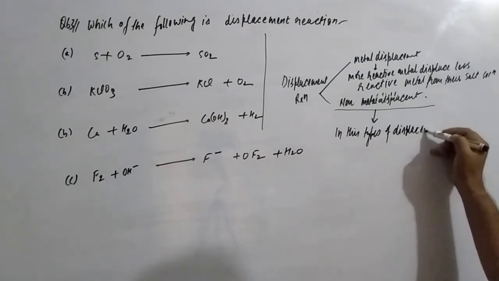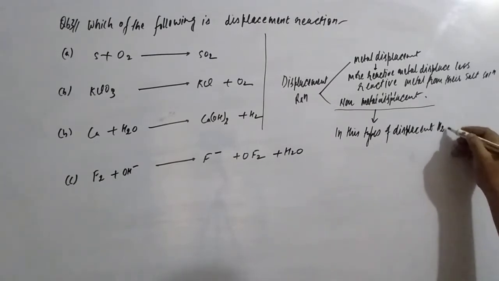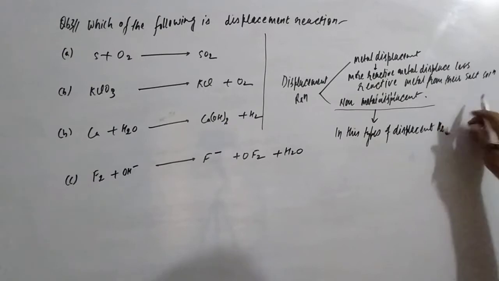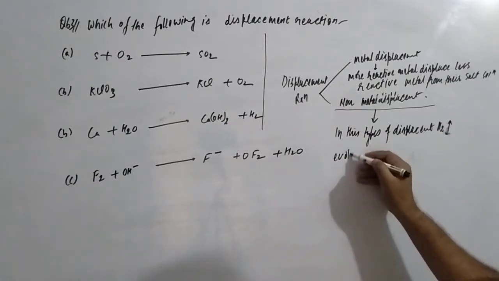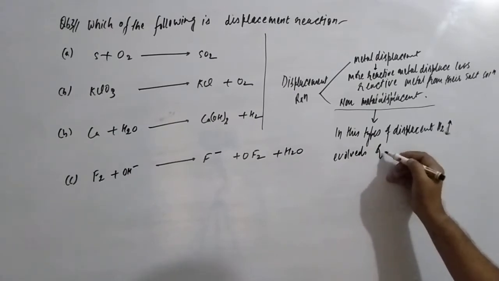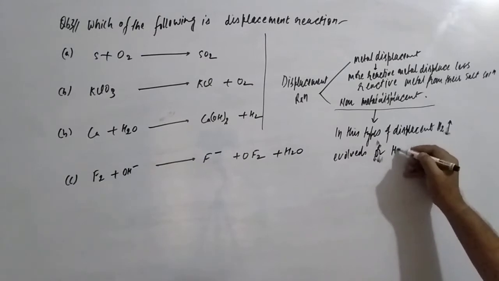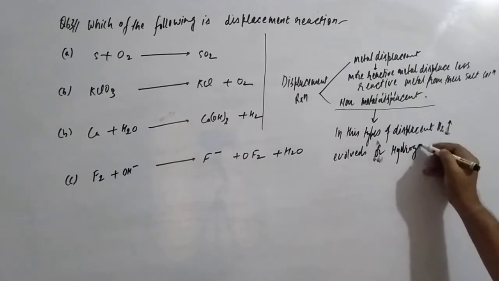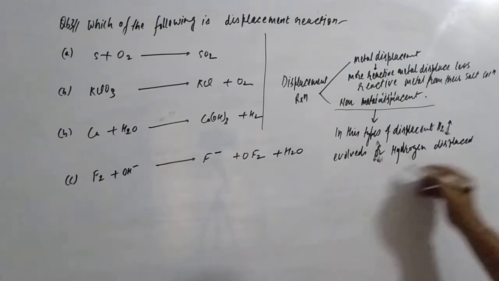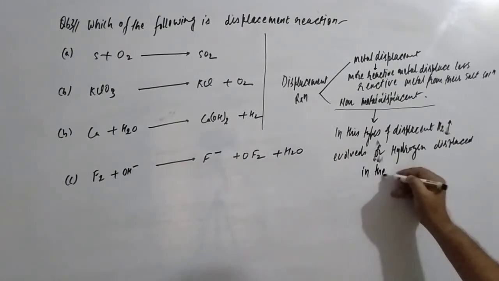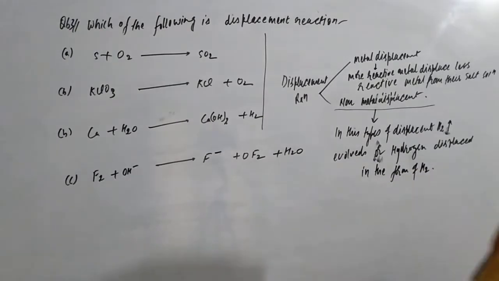Generally hydrogen gas gets displaced. Hydrogen gas is evolved. Either you say evolved or displaced, the hydrogen is displaced in the form of H2.